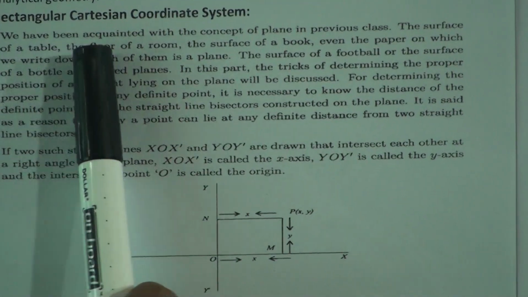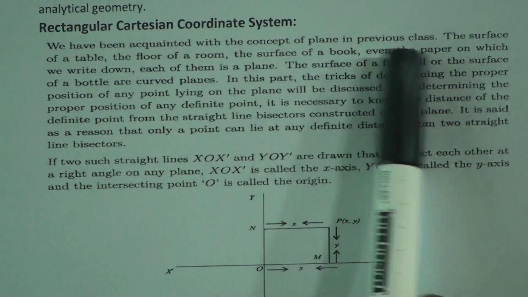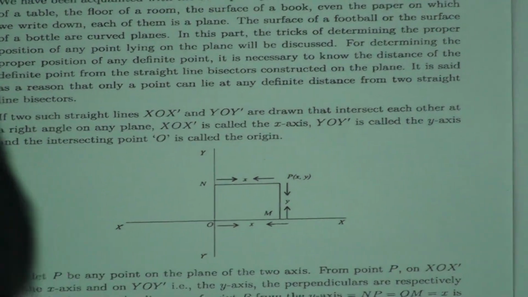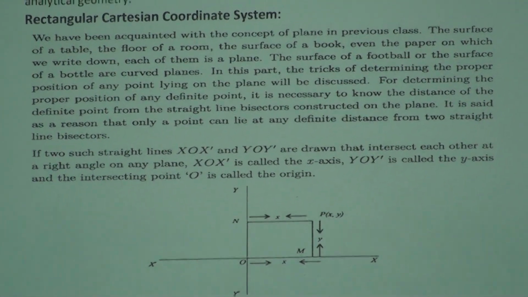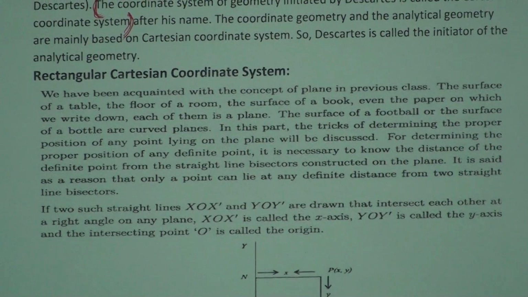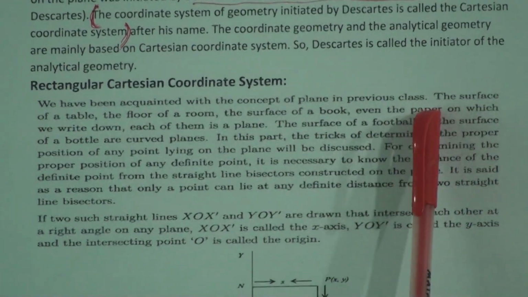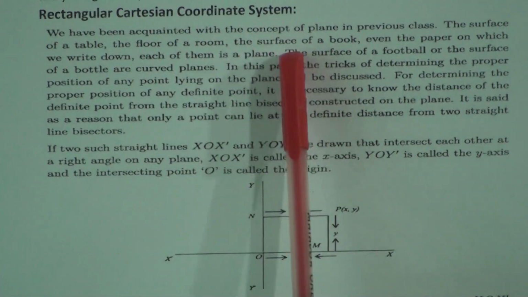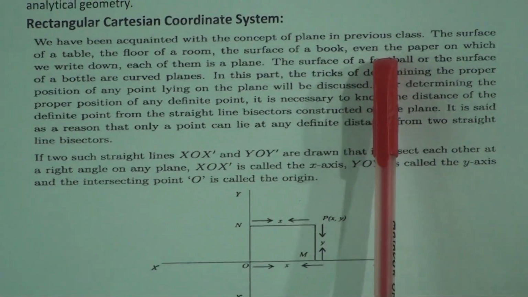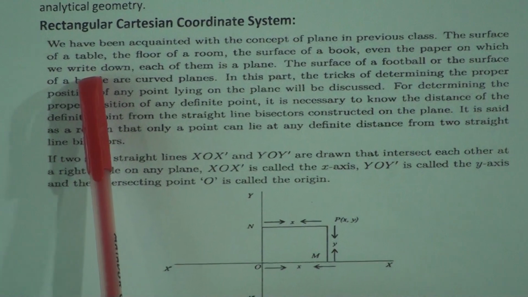We have been acquainted with the concept of plane in previous classes. In class 6 and class 7, we have learned about the concept of plane: the surface of a table, the floor of a room, the surface of a book, even the paper on which we write.